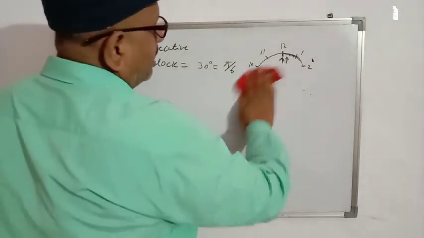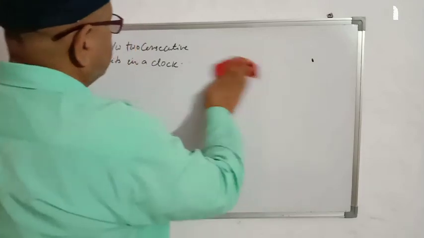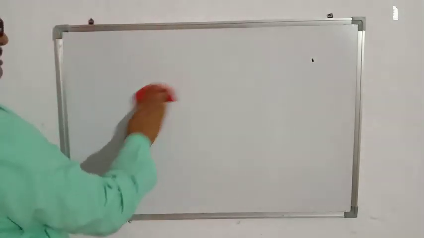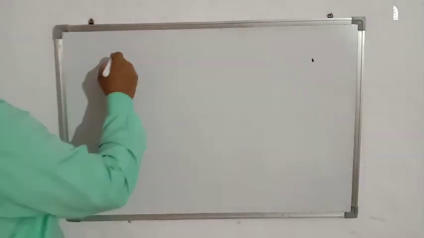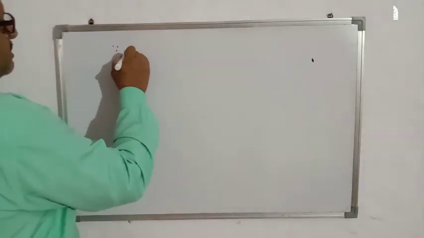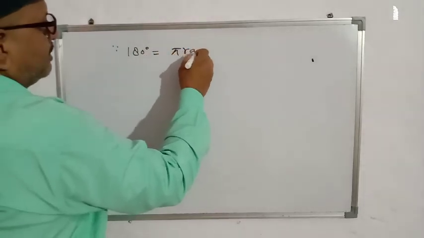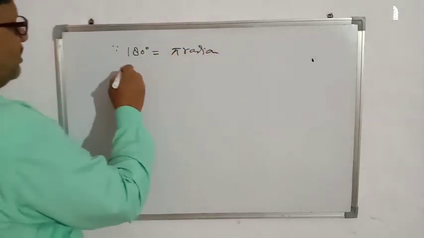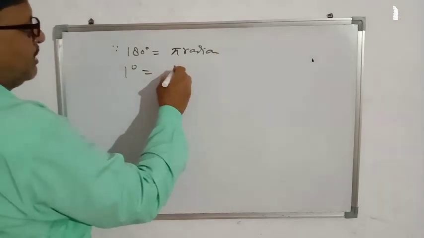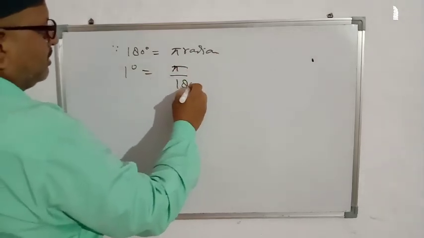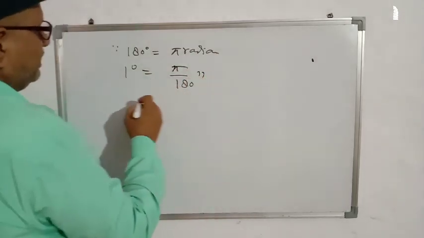Now, how can we convert radian into degree or degree into radian? Since 180 degree is pi radian, what will be 1 degree? Pi by 180 radian.